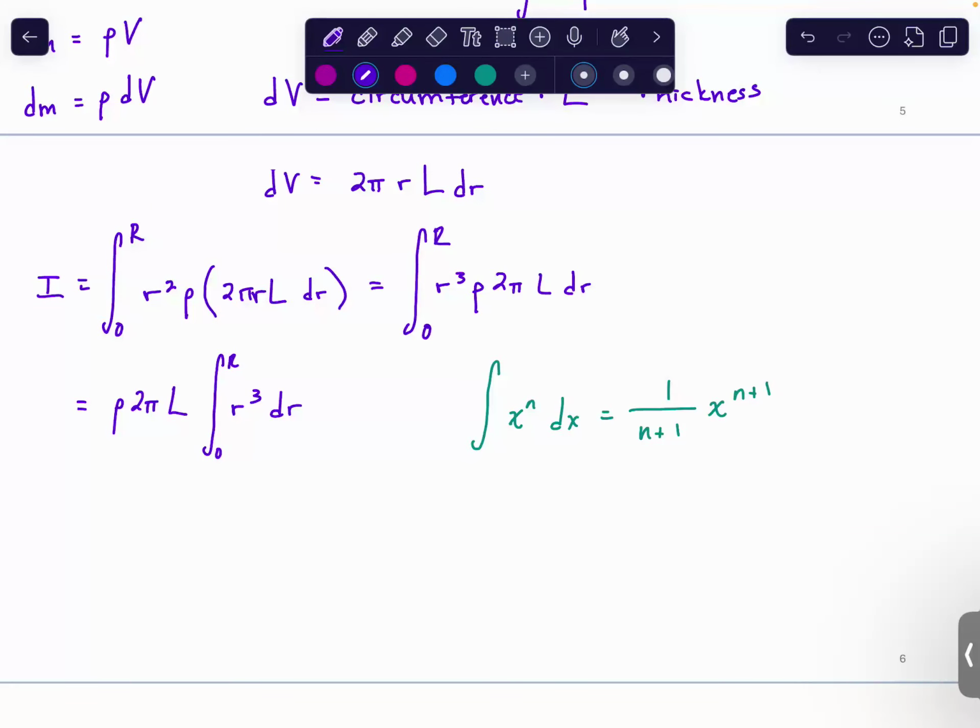Okay, so using this formula, we're going to have rho 2 pi L. So n plus 1, that's 1 over 4. And then r to the fourth, and then we have our limits of integration, 0 to r.